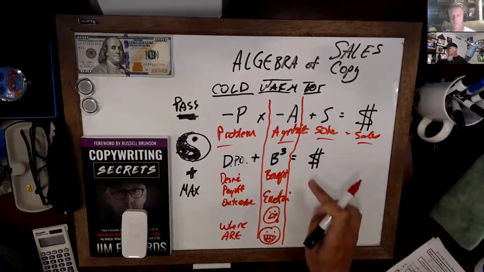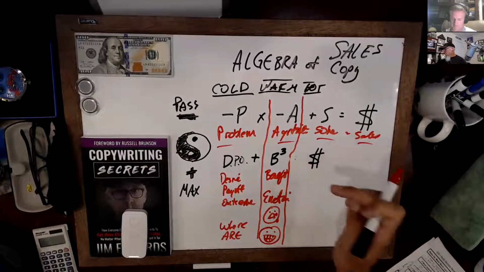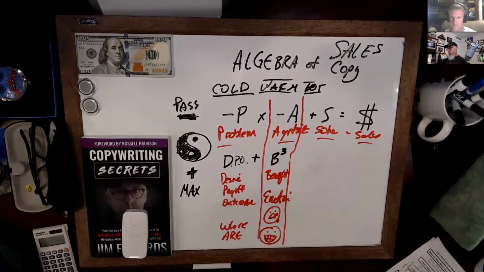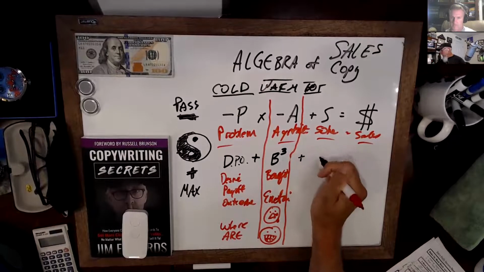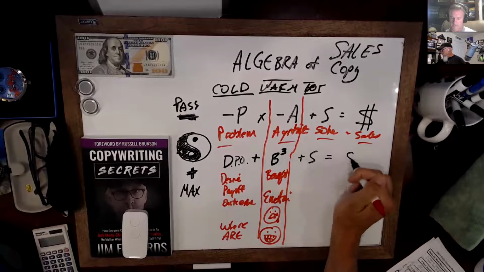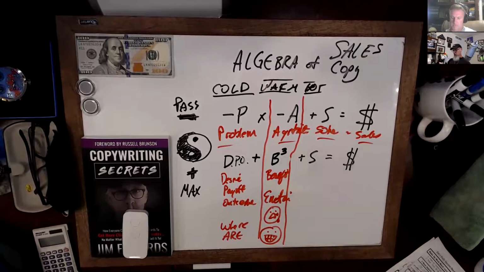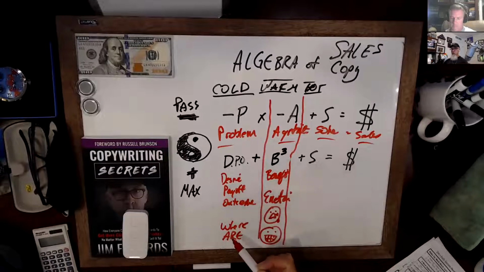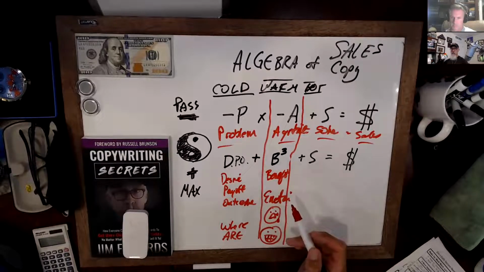If we were going to refine this a little bit more, we could add this in the solution. Again, the solution is desire, payoff, outcome. Then you magnify it with benefits times 3.